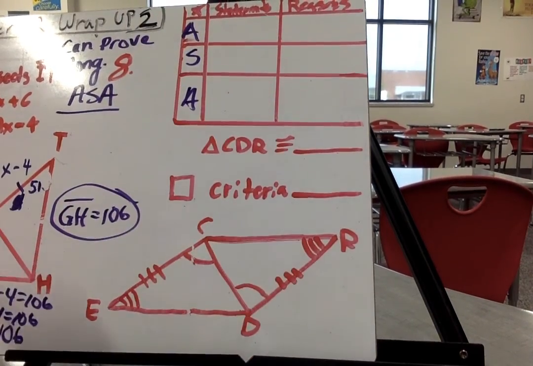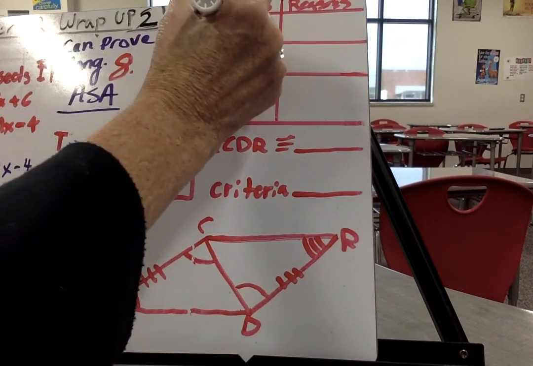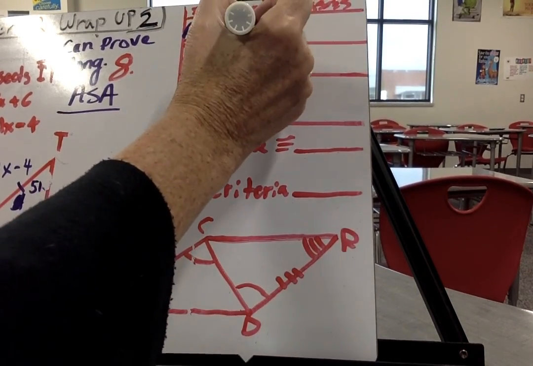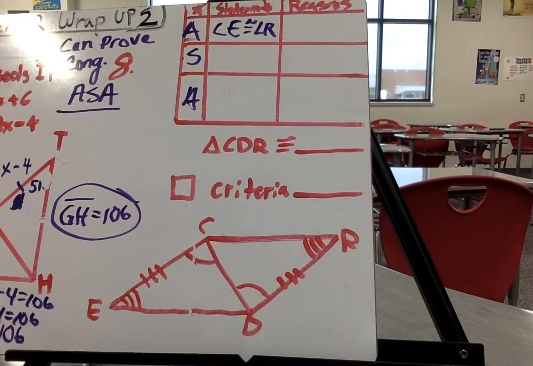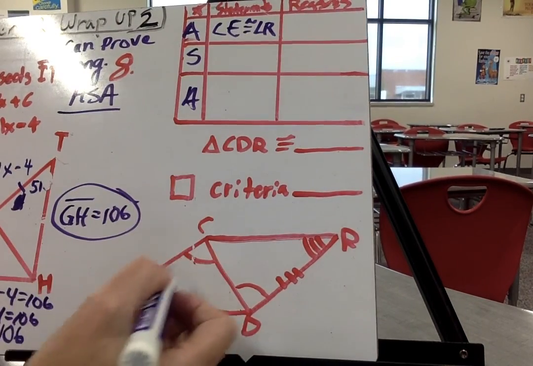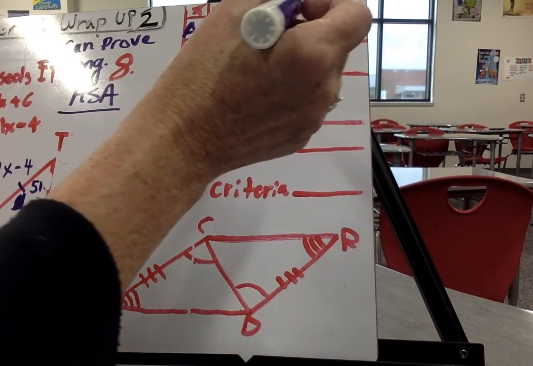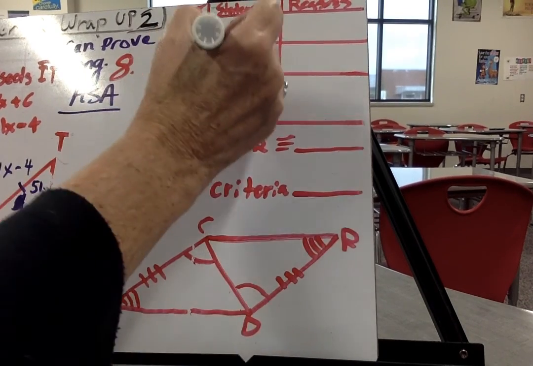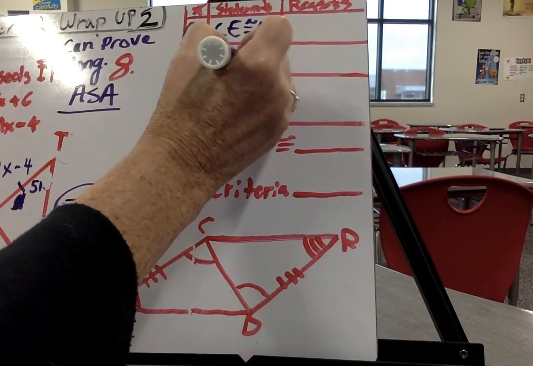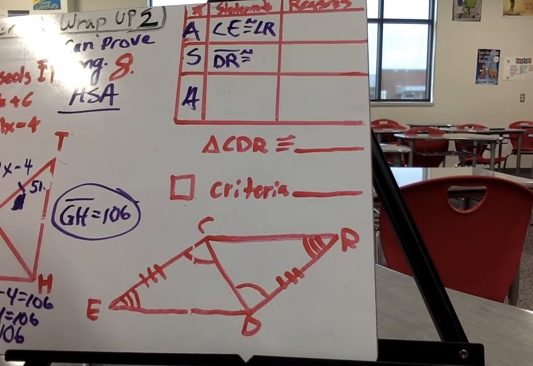So we'll start with the first angle. Angle E is congruent to angle R. Let's do the sides next. We could say that DR is congruent to EC.